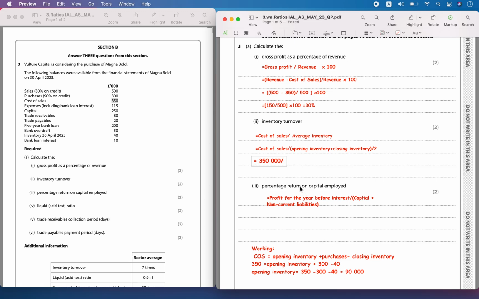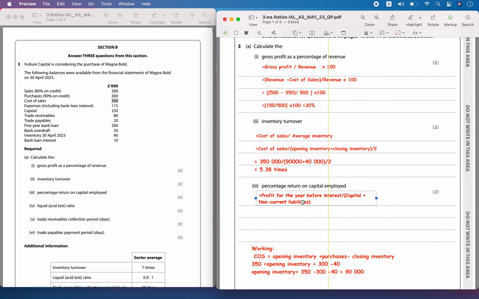Then 350 divided by the average inventory: opening inventory is 90,000 plus closing inventory is 40,000, the whole divided by 2. That value will be equal to 5.38. This is in times, it's just a ratio.